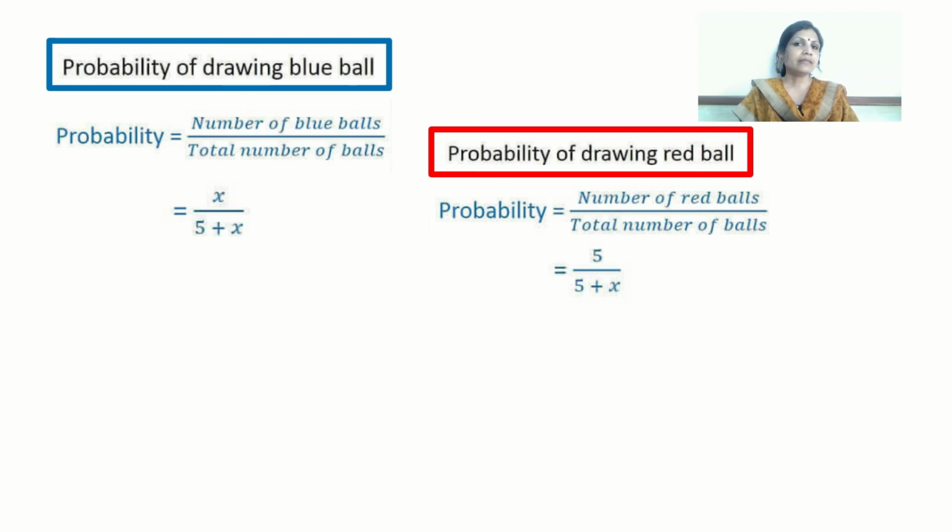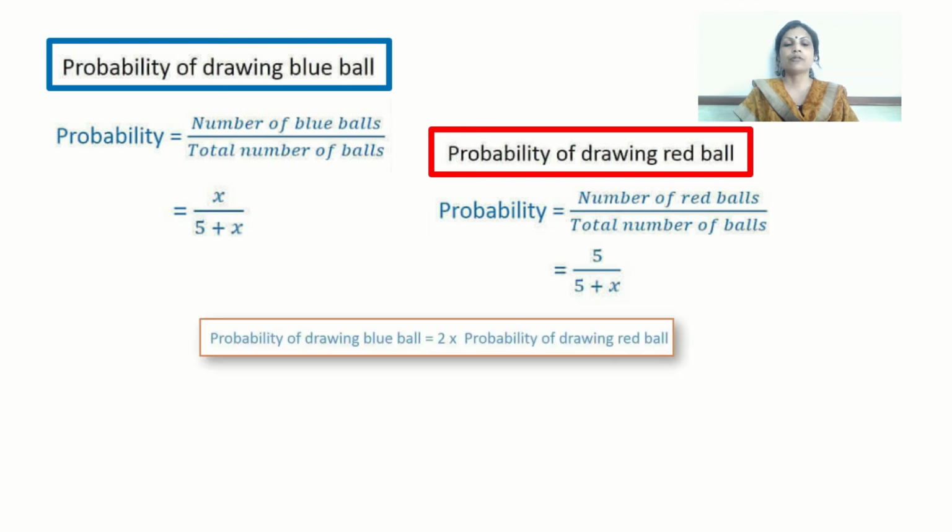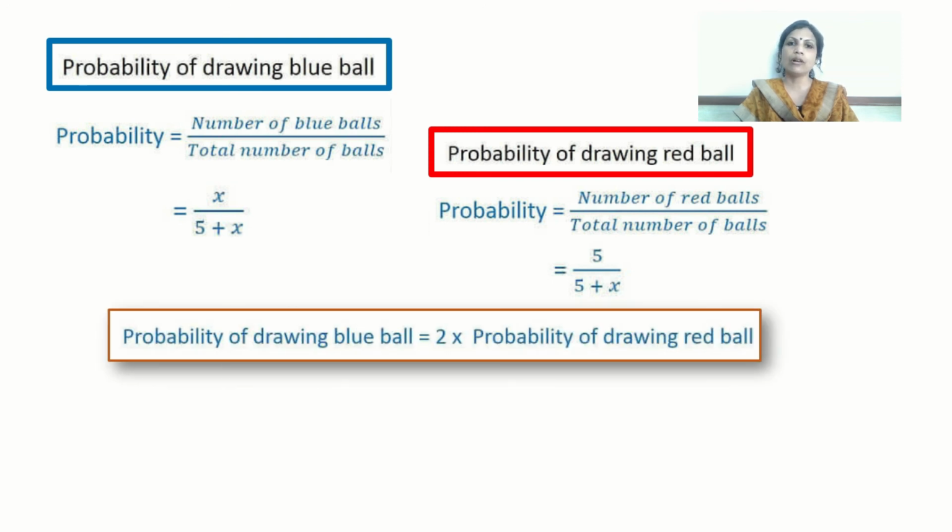Now let's make use of the statement which is given to us, that probability of drawing blue ball is equal to 2 into probability of drawing red ball. Both the probabilities we have already calculated. Let's substitute the values. So we get x upon 5 plus x is equal to 2 into 5 upon 5 plus x.